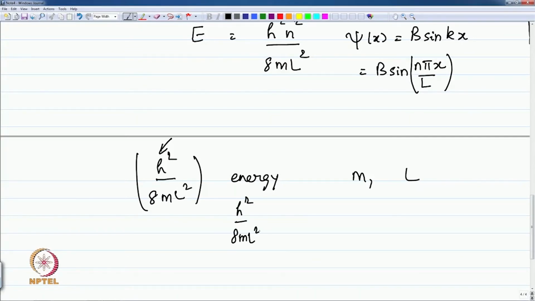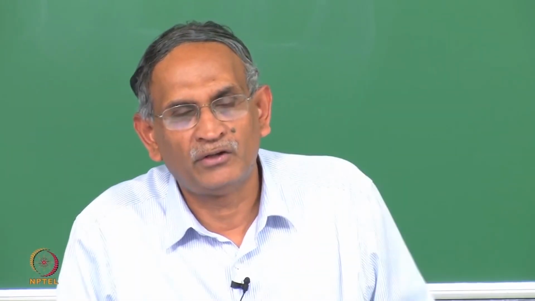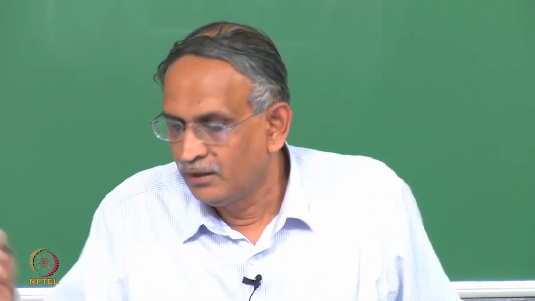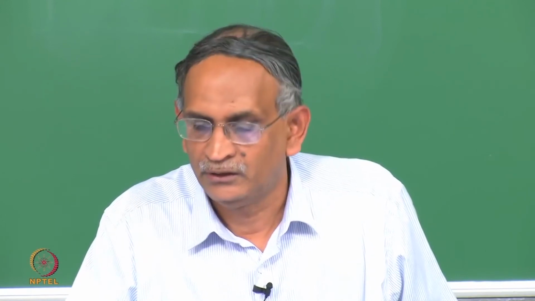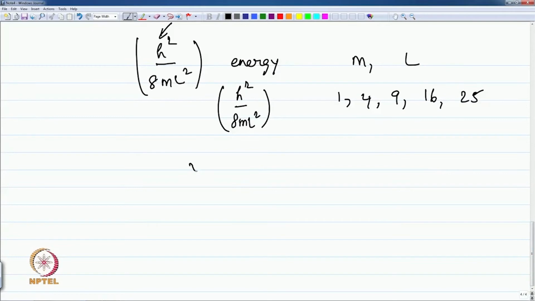This is the fundamental unit for this box, and then it is 1, 4, 9, 16, 25 as the value of n becomes 1, 2, 3, 4 etc. Therefore, particle energies are discretized. The second part is the wave function, which is given in terms of b sin n pi x by L.